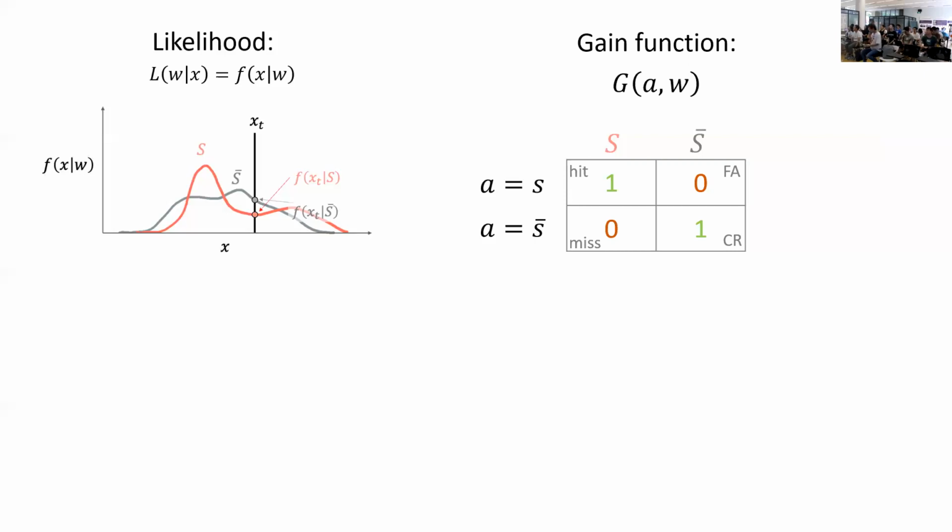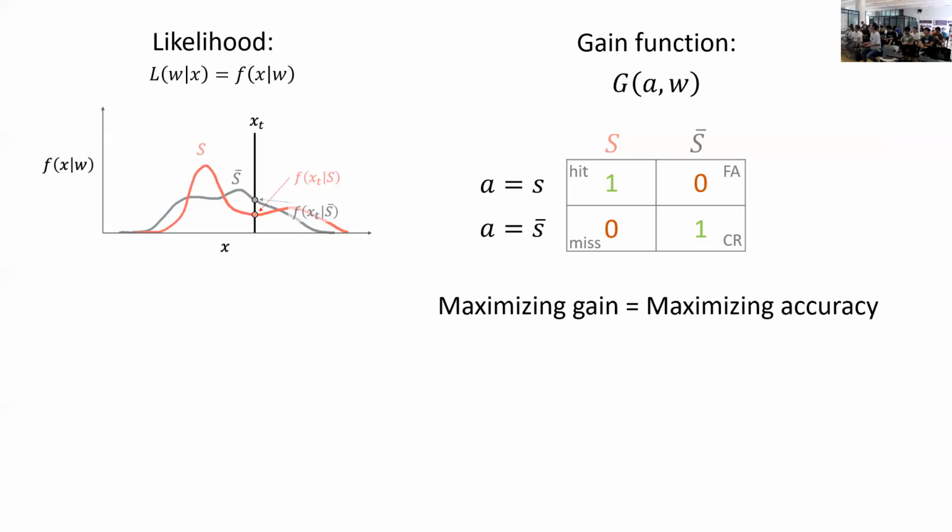And usually, if we just reward accurate response, then it's 1 for a hit, 1 for correct rejection, and 0 for the other two incorrect answers. So in this special case, maximizing gain equals maximizing accuracy.